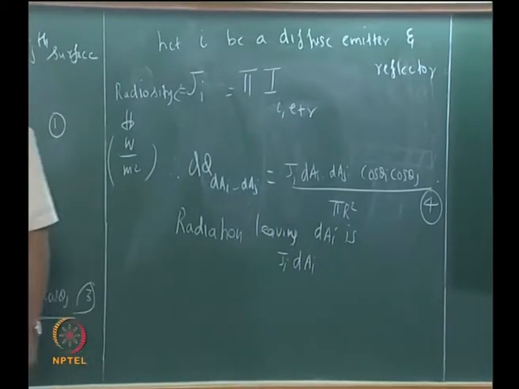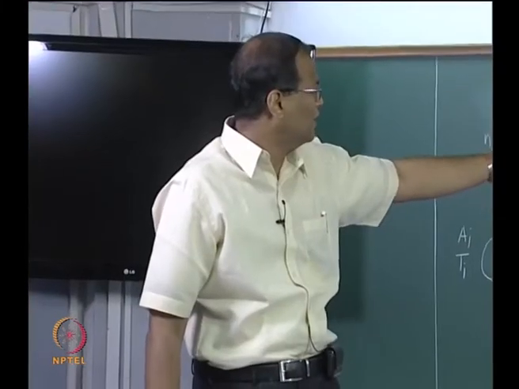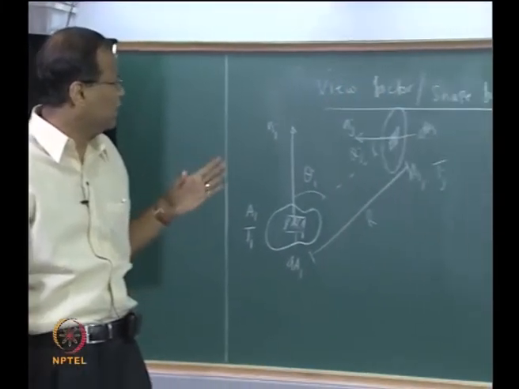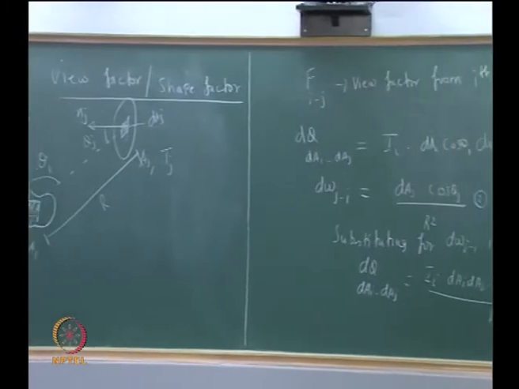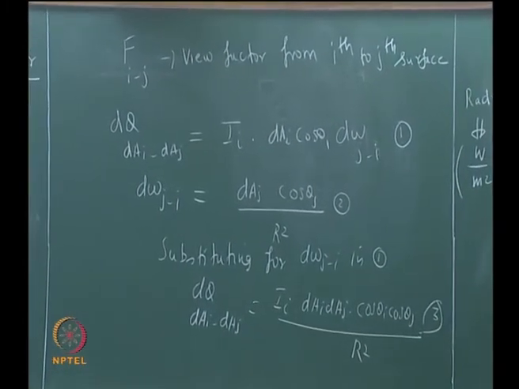Agreed? Watts per meter square into meter square, watt. Then if you look at the units for equations 1, 3 and 4, they are all having units of watt, very good.